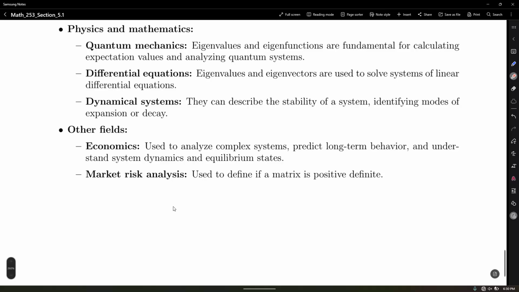But back then, they didn't tell you about that because you were barely learning the matrix operations. Well, now you have an idea of what they are. And of course, in market risk analysis, these are used to define if a matrix is positive definite. Well, that's more economics and that's something else.